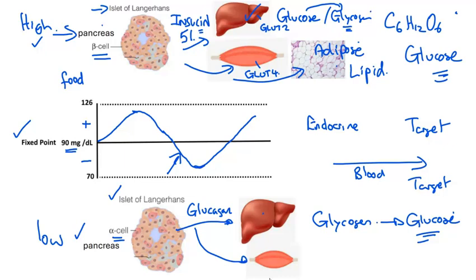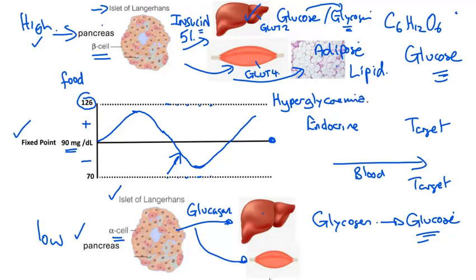Now in the diagram that I'm drawing here, you can see that the fluctuations from the regulated fixed point are lying within certain bounds. For blood sugar levels to exceed 126 milligrams, this is a condition known as hyperglycemia.